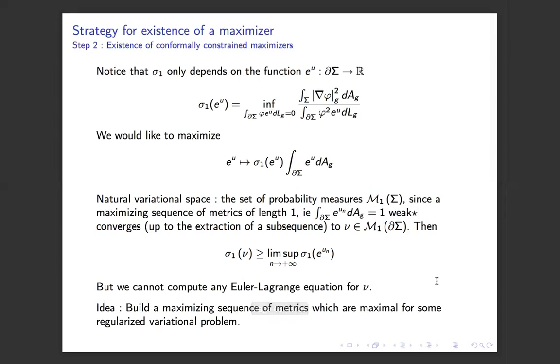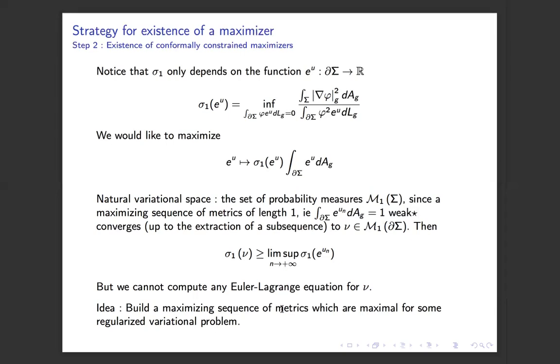The idea to deal with this problem is to build a maximizing sequence of metrics which are maximal for some regularized variational problem, so that we have Euler-Lagrange equations associated to this maximizing sequence of metrics, and we can deal with a sequence of functions having some kind of pseudo harmonic maps, in fact, as n goes to plus infinity.